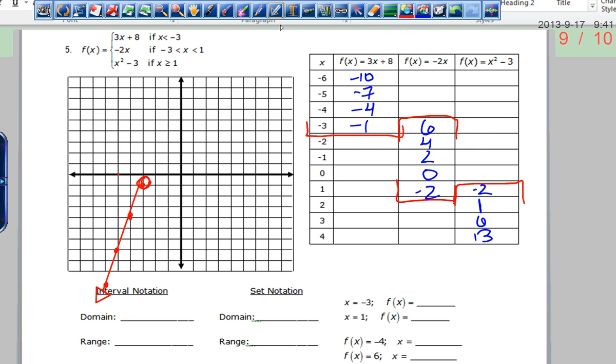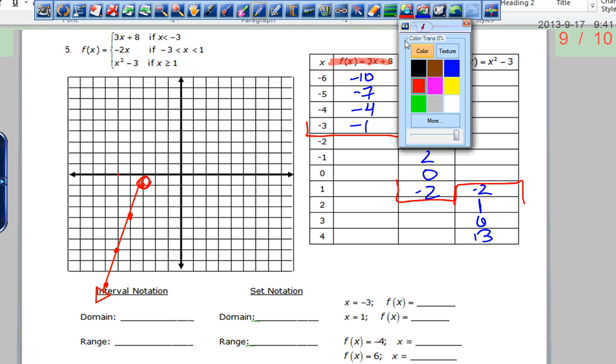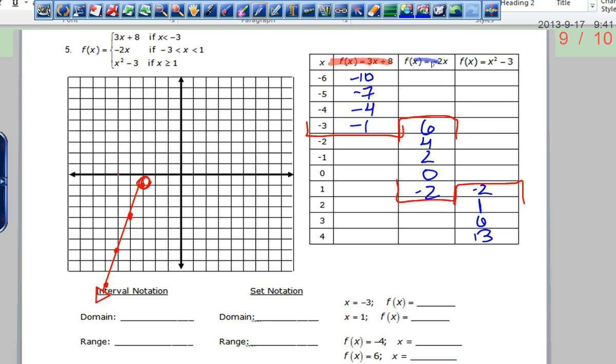Alright, that's my first one. I did that in red here. Keeping track at home. I'll do in blue. Okay, -3, 6. I jumped way up here. 1, 2, 3, 4, 5, 6.